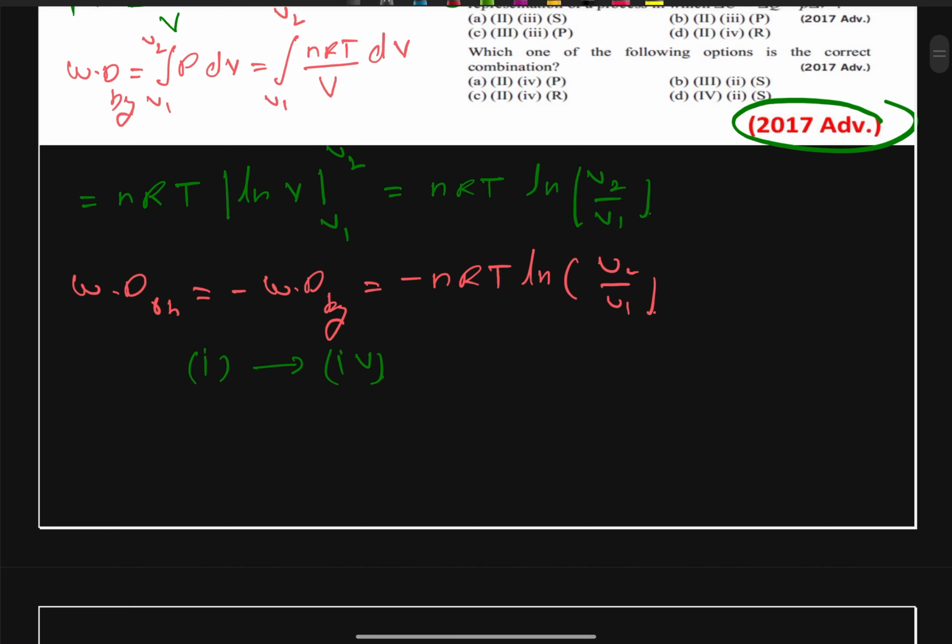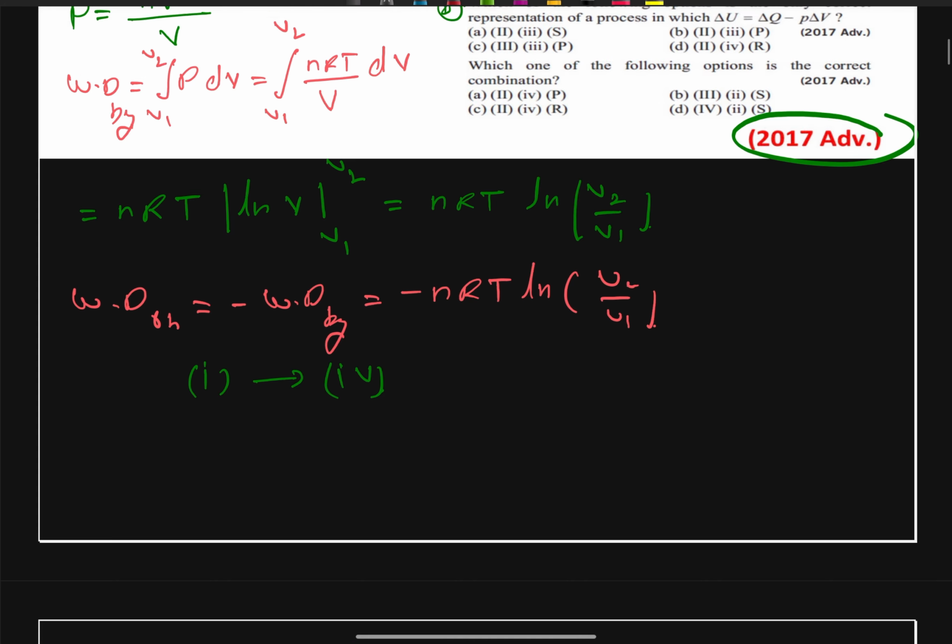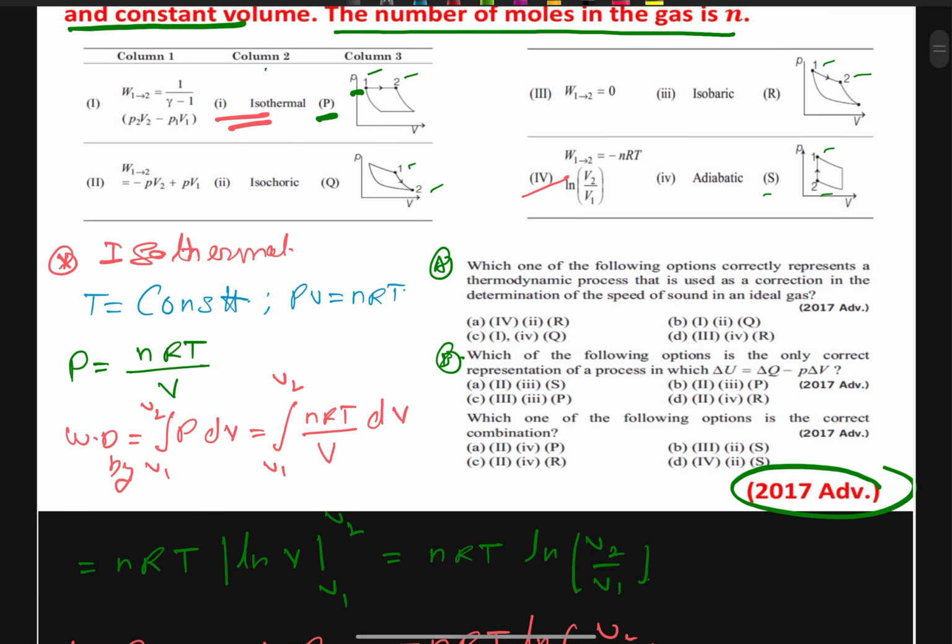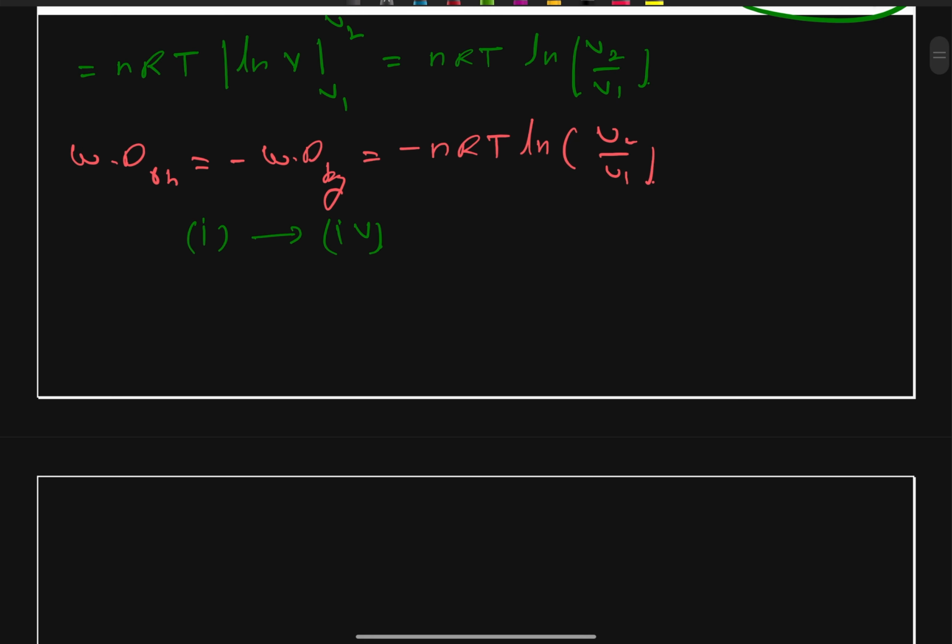And graphical we can just discuss later on also, it's not a big issue. The main is calculation of the work done. Second process is our isochoric process. So we have isochoric, and isochoric we know that our volume is constant, and volume is constant, so for that we already know that our work done is equal to 0.